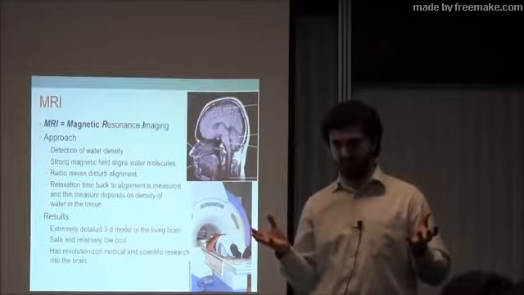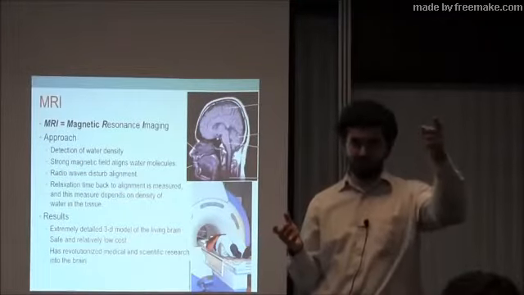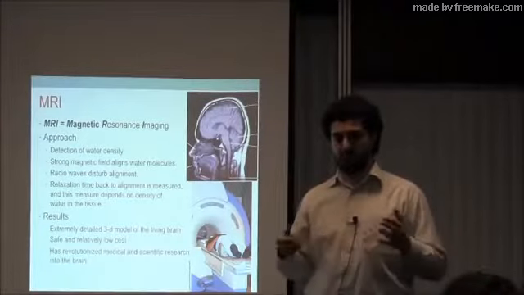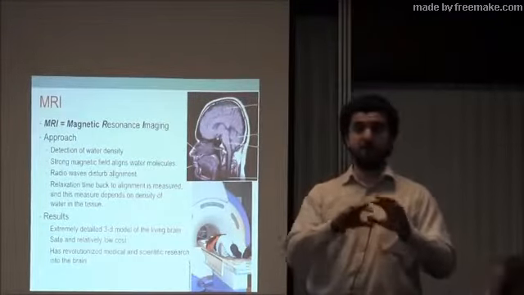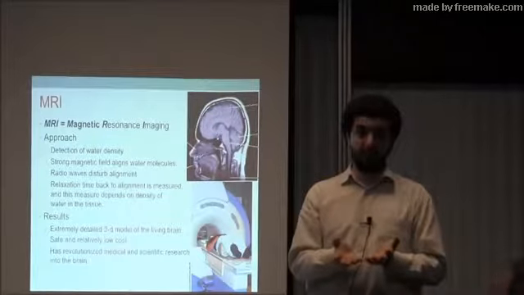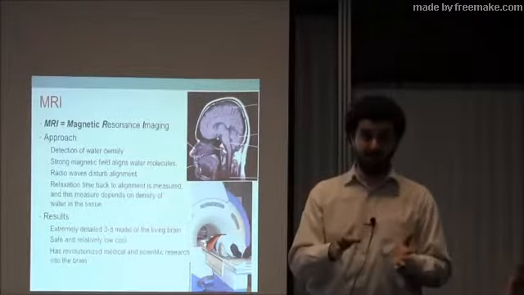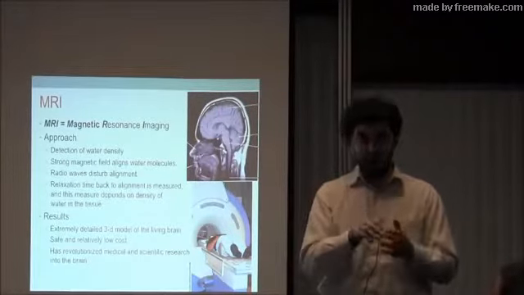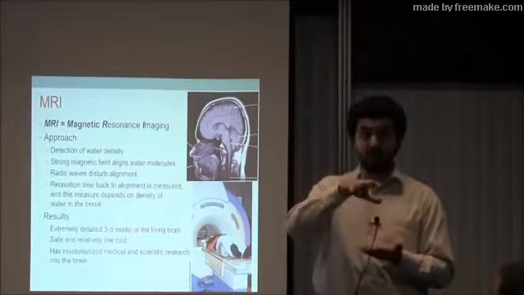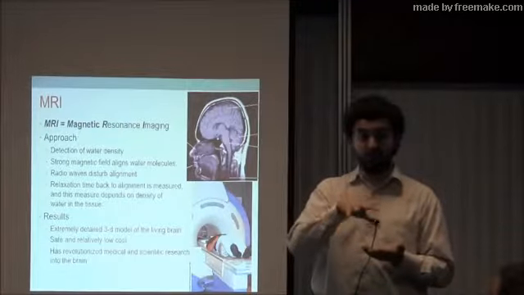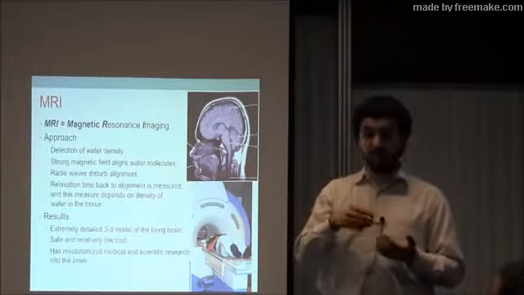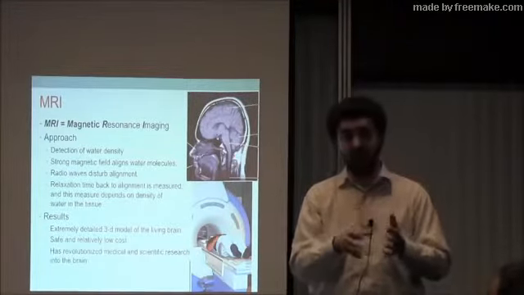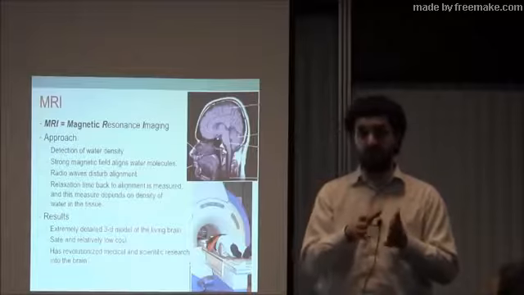You all know what an MRI machine looks like, right? You get inside that tube, you are inside a big magnet. And whenever that magnet is on, all atoms in a particular area of the brain are aligned with that particular magnetic field. Then a radio wave is used to distort this alignment of vectors.